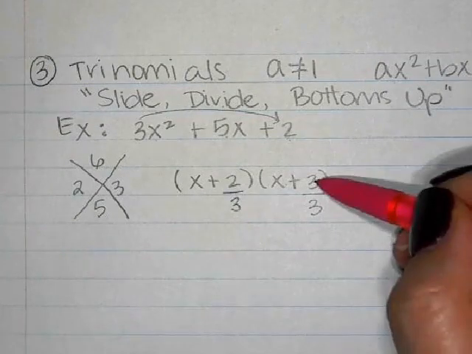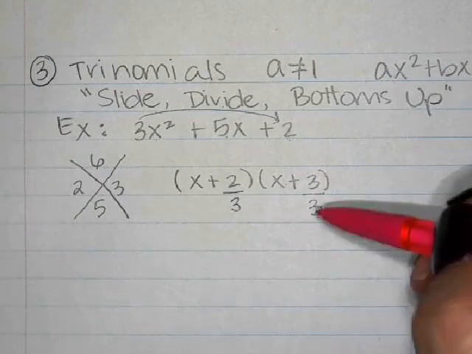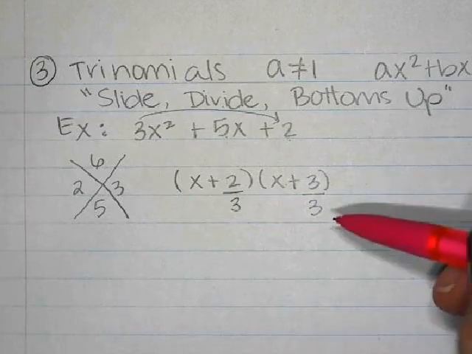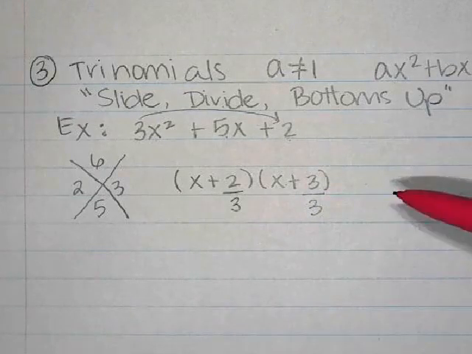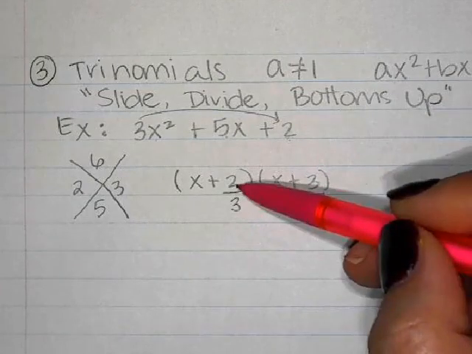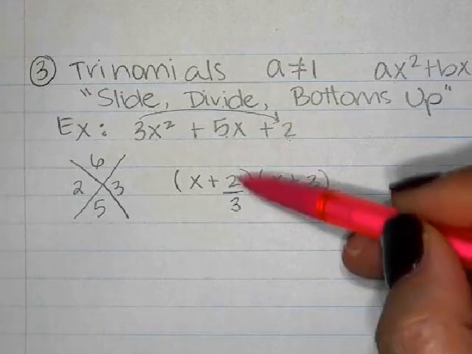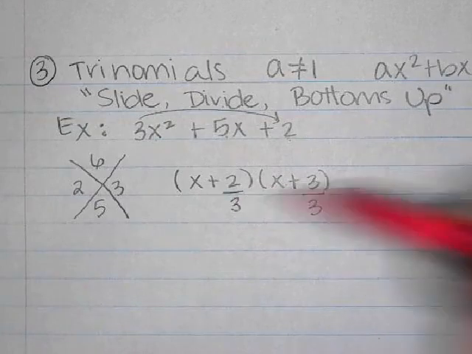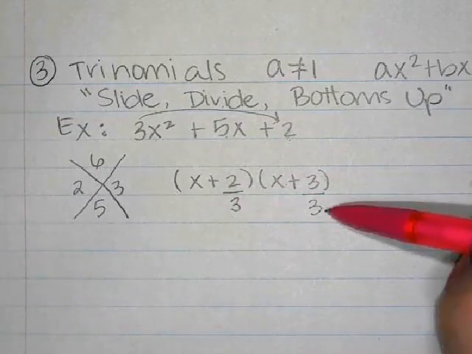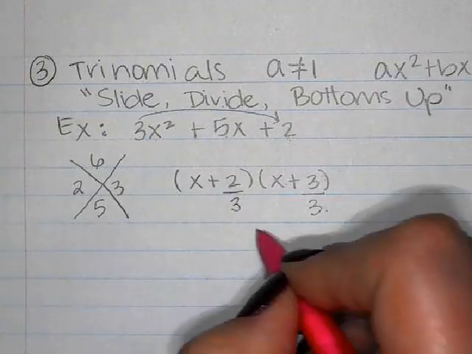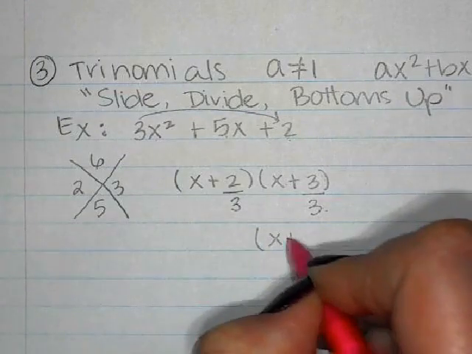Now I look at these two fractions and I figure out if any of them can be simplified. Sometimes only one of them can be simplified, sometimes both of them can. So if I look at this, I can see 2 over 3 cannot be simplified, so I'm going to leave that one alone for a second. But this one can be simplified. What is 3 over 3? 1. So for this one, I'm going to write x plus 1.